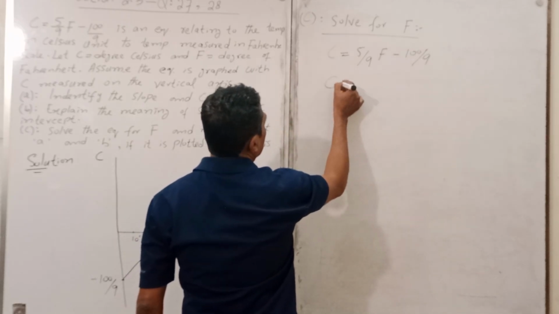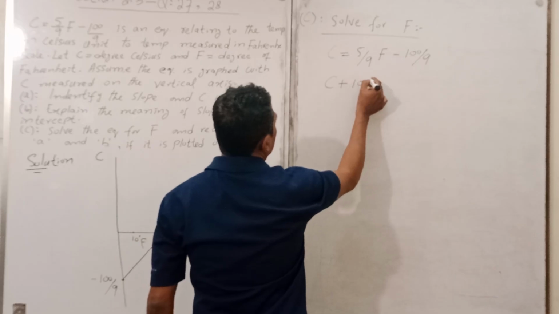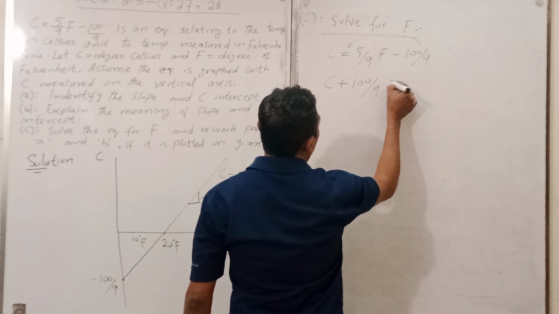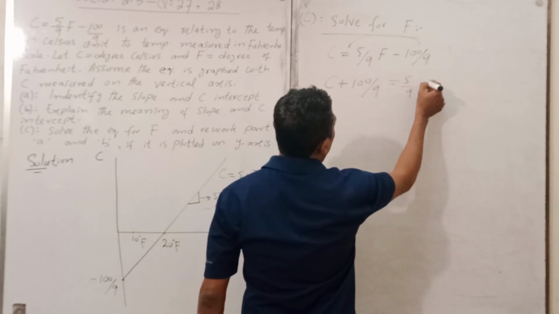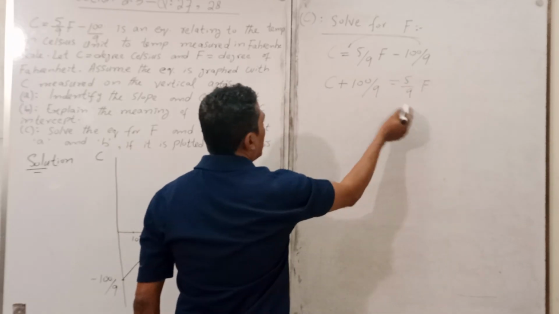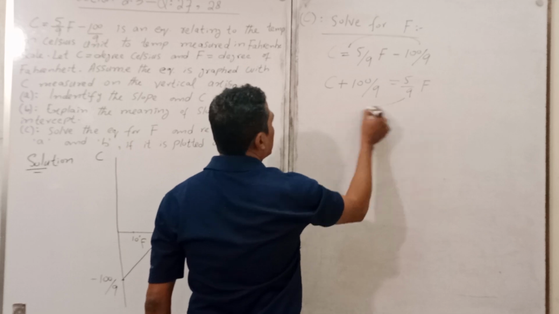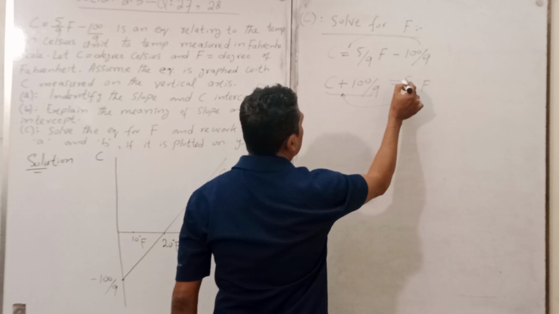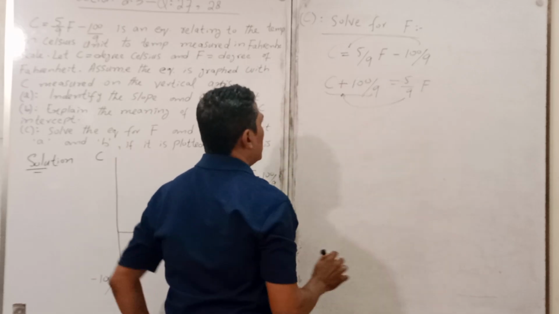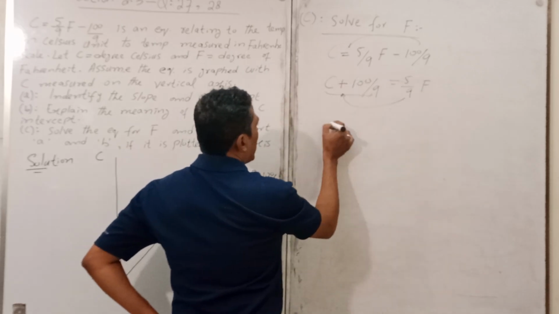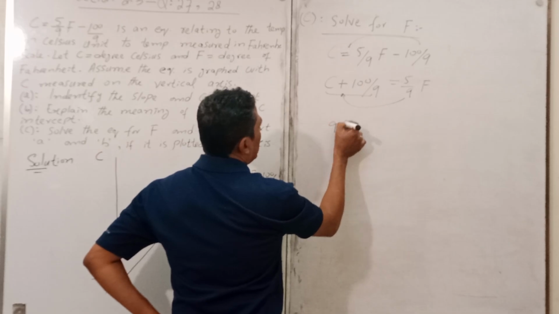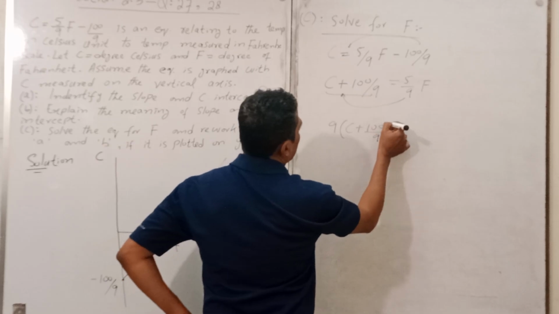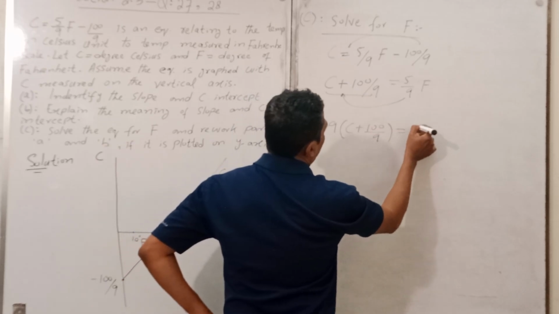The 100 over 9 moves to the other side with C, and you have 5 over 9 F. The 9 is in the denominator, so multiply both terms by it. You can write here 9 into C plus 100 over 9 equal to 5F.